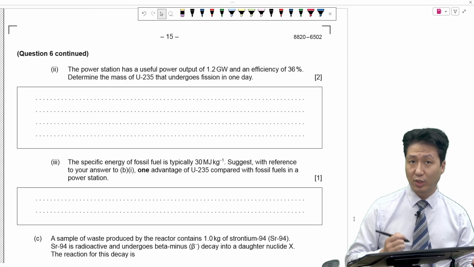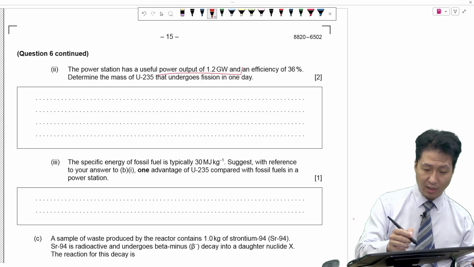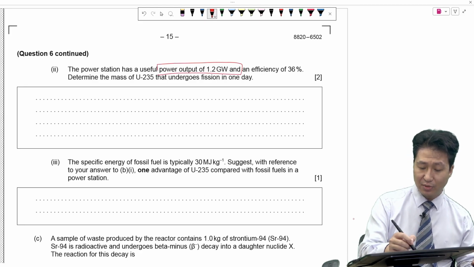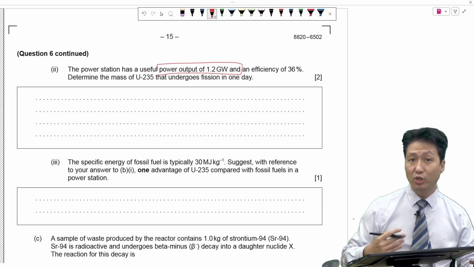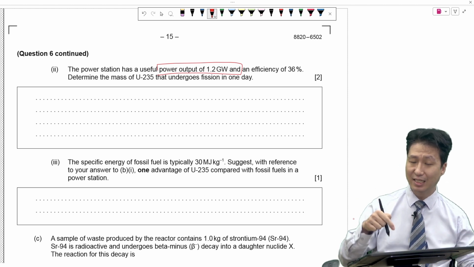Roman numeral 2 of this question. The power station has a useful power output of 1.2 gigawatts and an efficiency of 36%. Determine the mass of uranium-235 that undergoes fission in 1 day. First, this is the power output. In order to know how much fuel is used, you have to know how much power is going in.